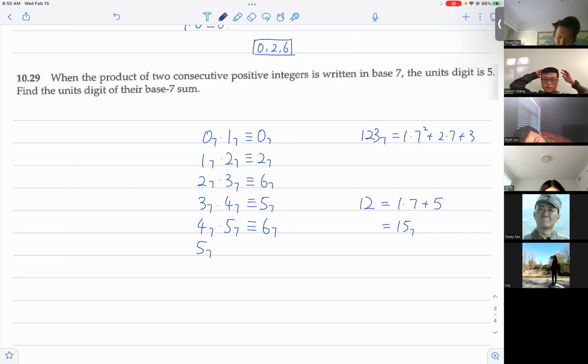And 5 times 6, which is 9? No, it's not. Wait, yeah, 21 plus 9. In base 7 we don't have 9.